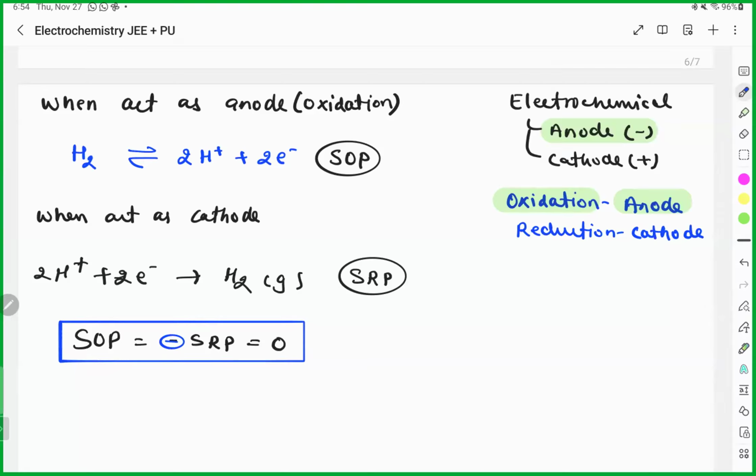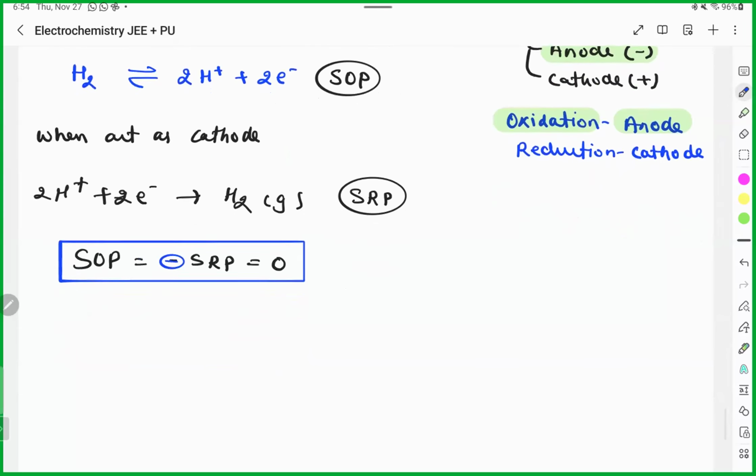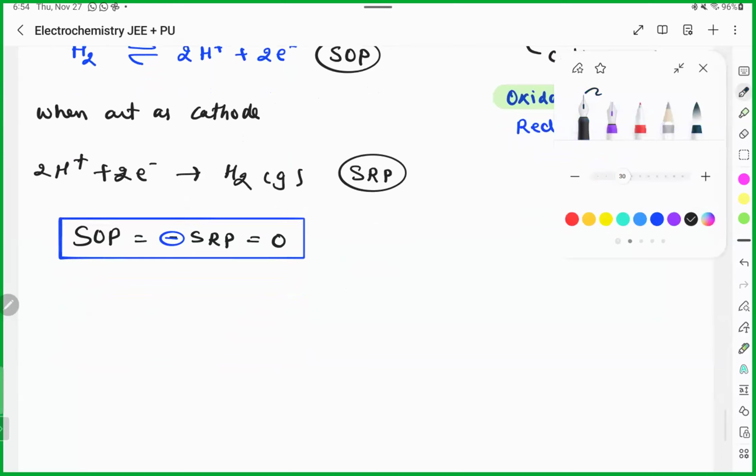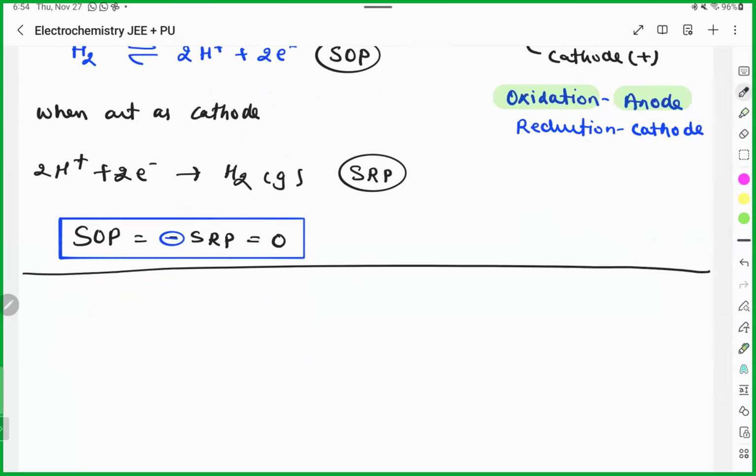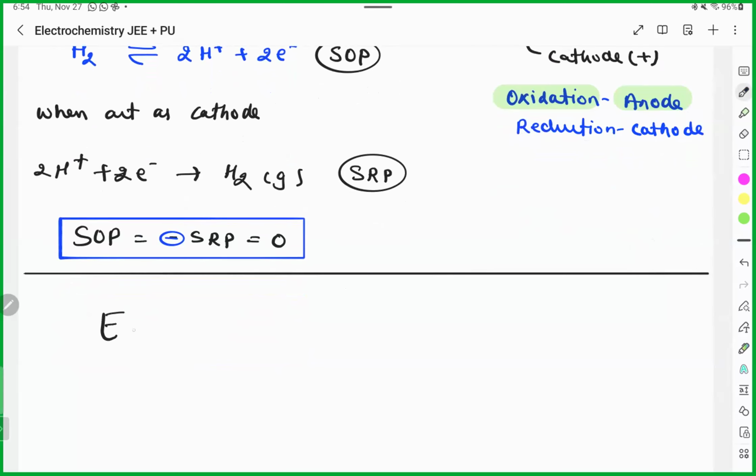So here you can compare any cell. How to calculate cell potential? Standard cell potential. You did this in 11th class also. What is the standard cell potential? Standard reduction potential of cathode minus standard reduction potential of anode.